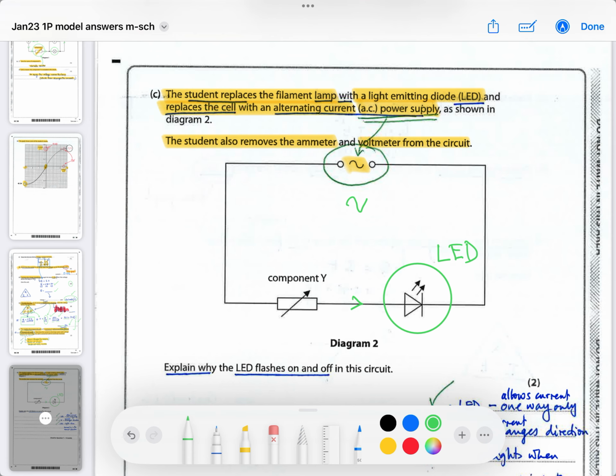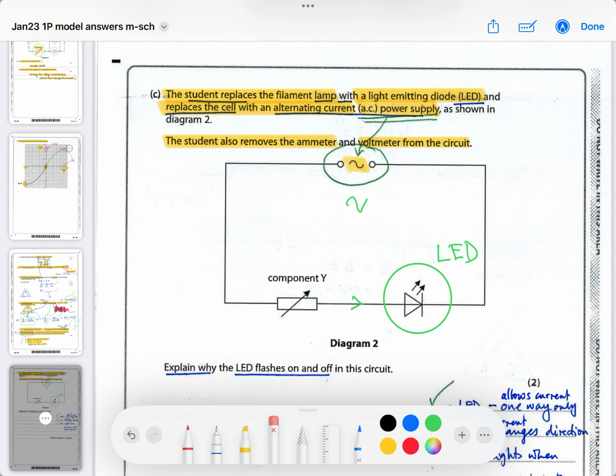So when the current is going in the reverse direction, let's say if the current's going in the red direction, it will not be able to go through. Yeah? So this will not be possible. So that is not possible. I'm going to take that away because it looks like a voltmeter. Okay? So the current can only go through when the voltage is positive, if you like. So it's in the positive direction or in the same direction as the diode.